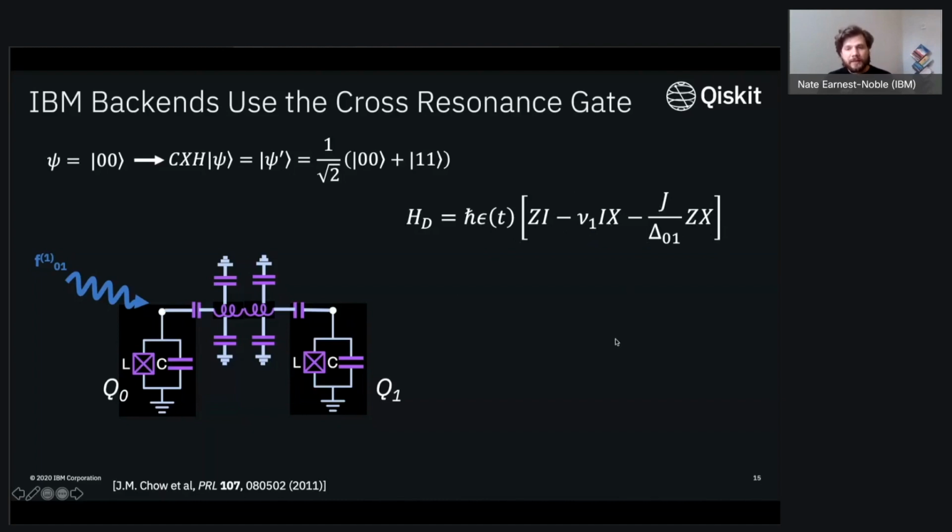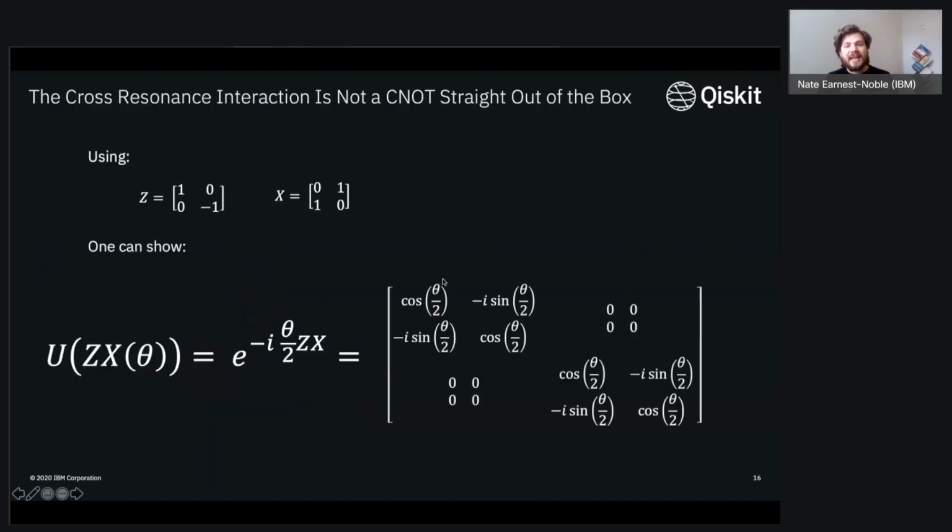So to this end, if you take that ZX interaction, so namely if you just take a tensor product between your two Pauli matrices, the Z Pauli matrix and the X Pauli matrix, and then you exponentiate that, what you end up getting is a matrix like this.